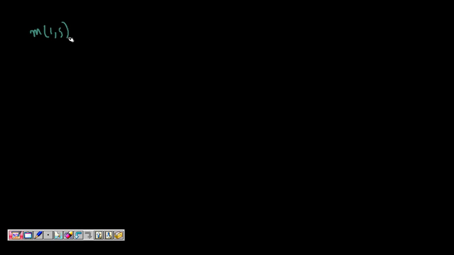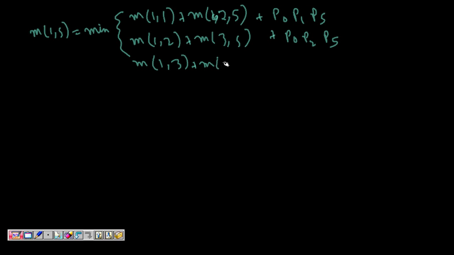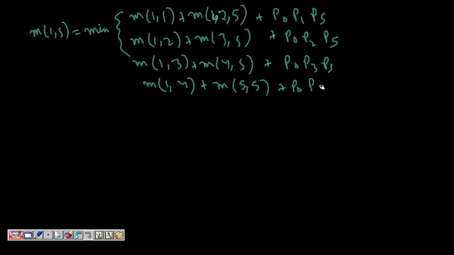M1,5 will be the minimum of, using the dynamic programming equation, M1,1 plus M2,5 plus P0, P1, P5, or M1,2 plus M3,5 plus P0, P2, P5, or M1,3 plus M4,5 plus P0, P3, P5, then M1,4, taking the first 4 together, plus M5,5 plus P0, P4, P5.